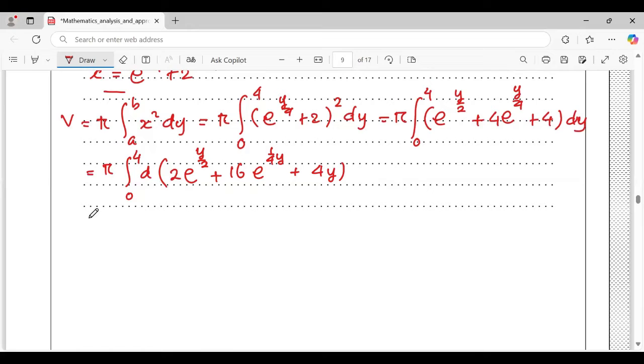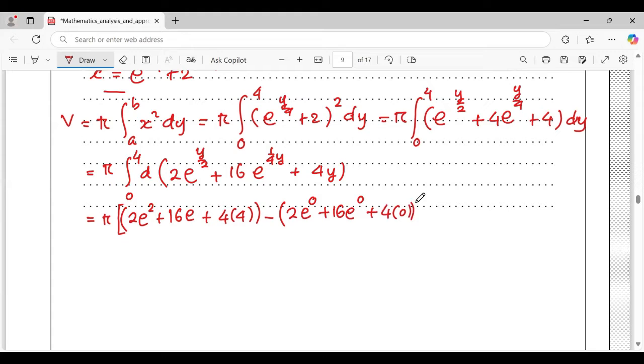If you substitute 4 and 0, it becomes π times 2e squared, 16e, and then plus 4 times 4, minus, substitute 0: 2e power 0, 16e power 0 plus 4 times 0. π times 2e squared plus 16e plus 16 minus this one 2 plus 16.